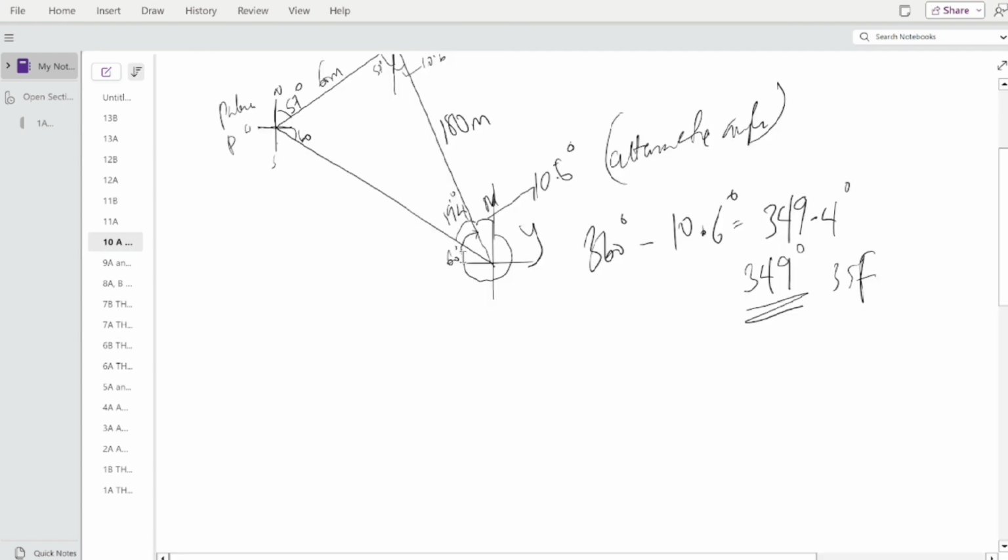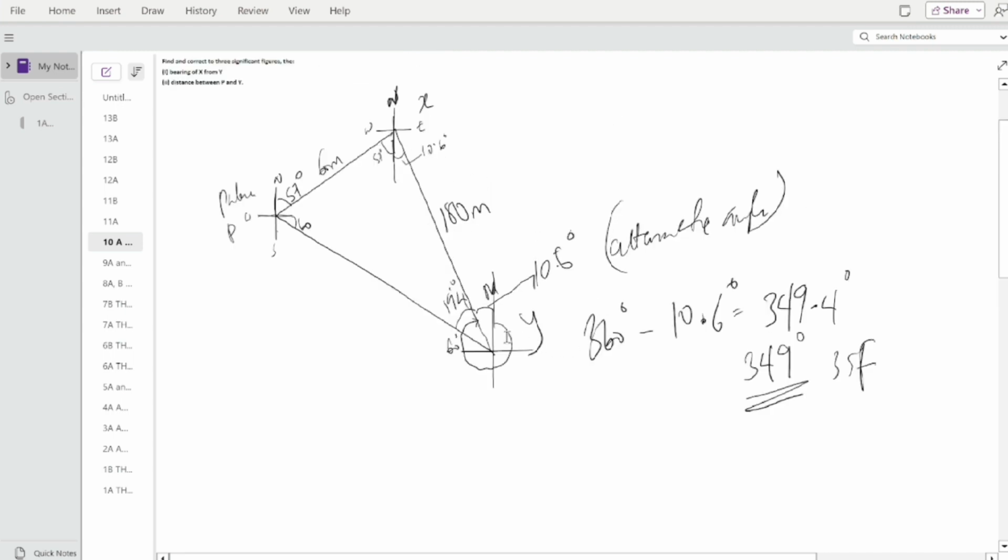Knowing that this is 60 degrees and we're looking for the bearing of X from Y, we can also find it by traveling all the way around, including all these angles down here. So you've traveled 90, another 90, another 90. 90 plus 90 is 180. 180 plus another 90 is 270. We have 270 plus 60 plus 19.4.